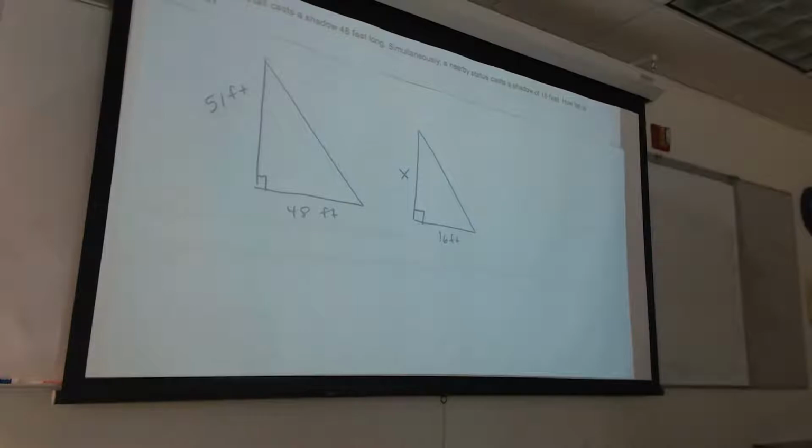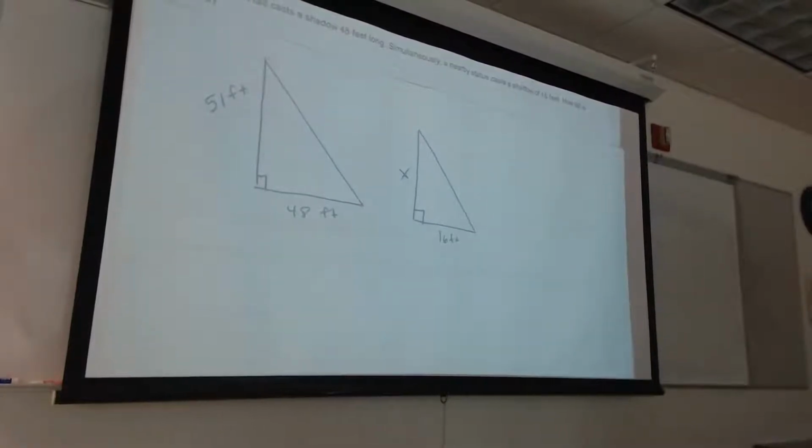There's something called a proportion. A proportion is two ratios, so fractions are ratios, set equal to each other. And in a proportion, the cross products are the same. So I'm going to set up a proportion. I'm going to teach you how to set it up, and then I'm going to show you a shortcut.